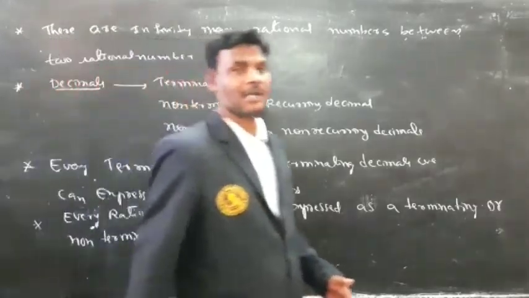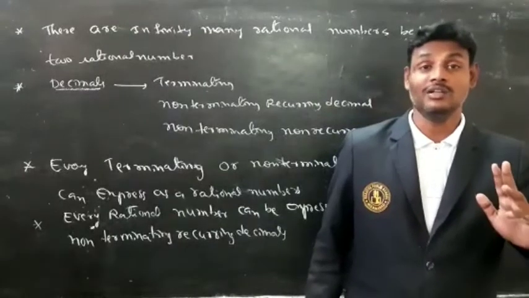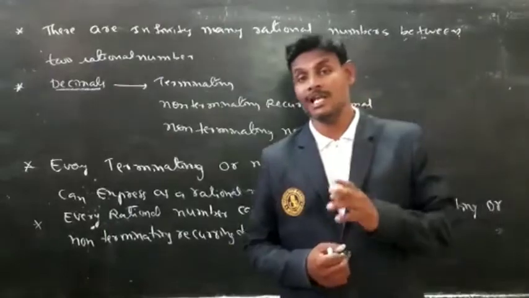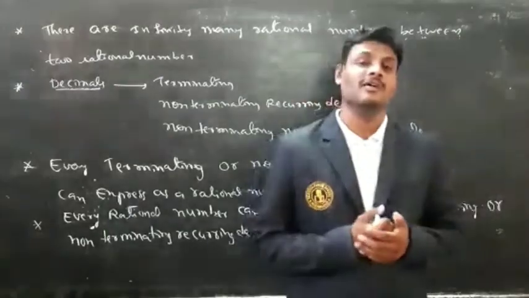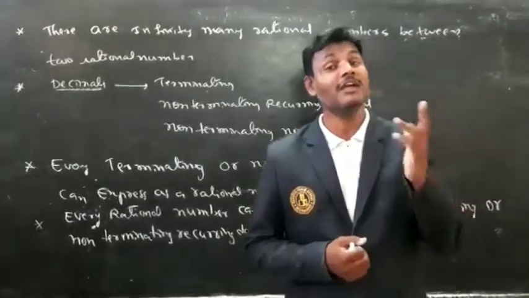So here what is the concept? Every terminating decimal or non-terminating recurring decimal we can express as a rational number. Similarly, every rational number we can express as a terminating decimal or non-terminating recurring decimal.